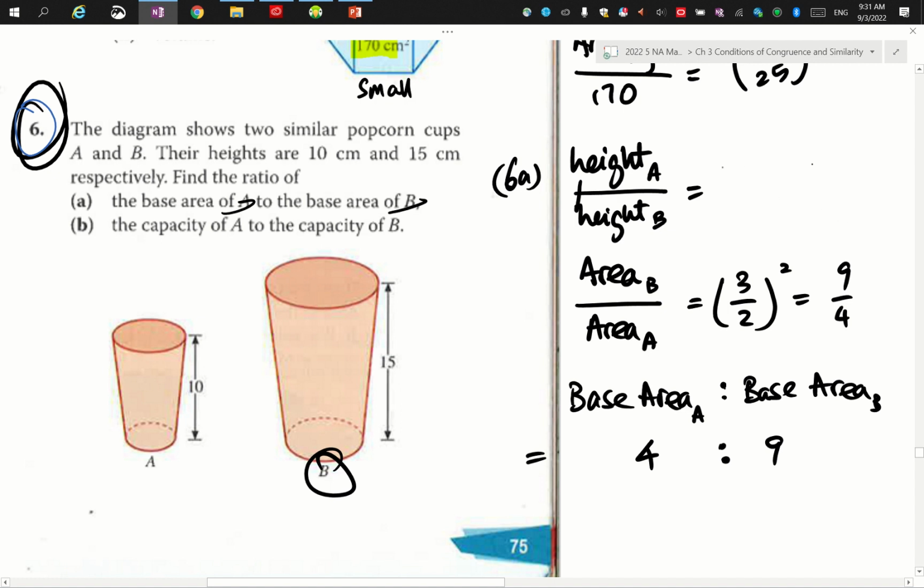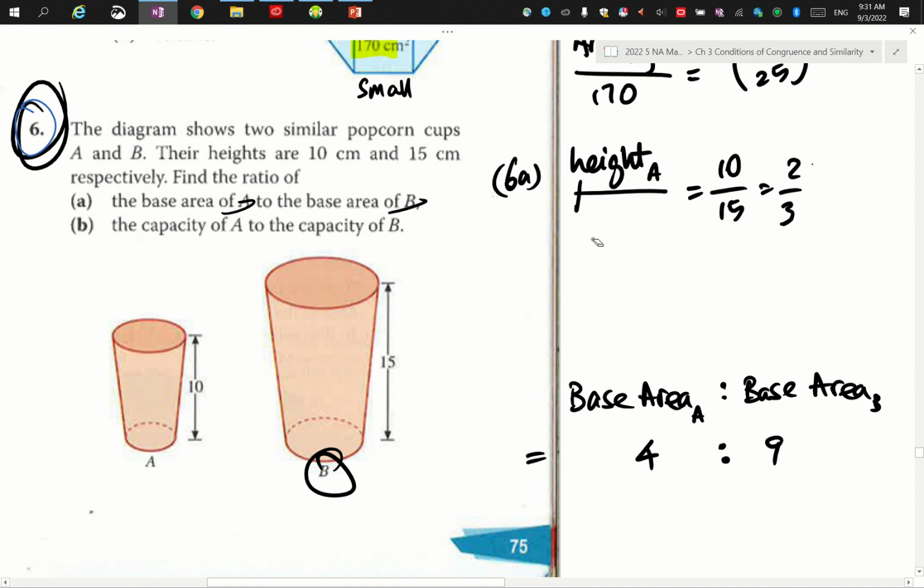And this gives us 10 over 15, which is 2 over 3. Now in fact, we can even go ahead and say, hey, since I want base area A to base area B, let's make some more changes. I want to talk about height. Since they want base area, I give you base area. So area A divided by area B.